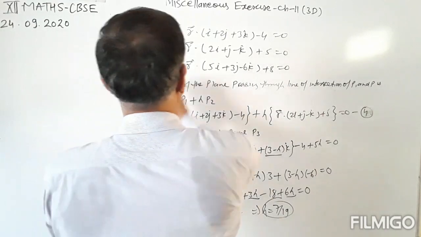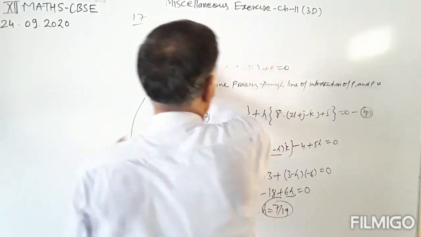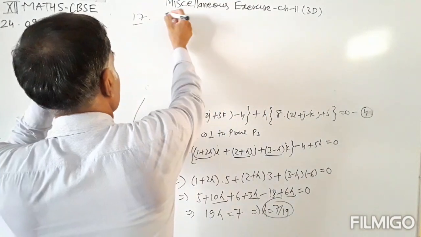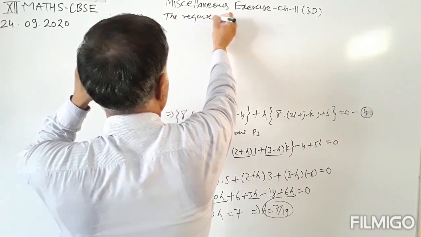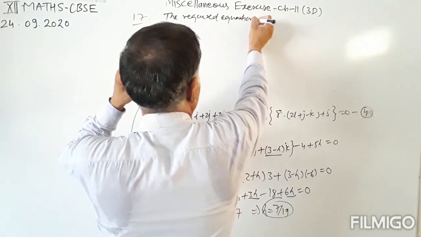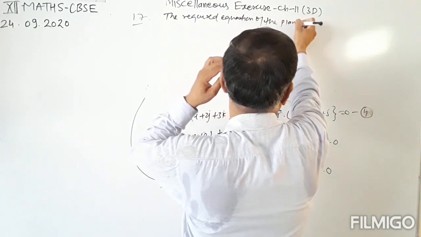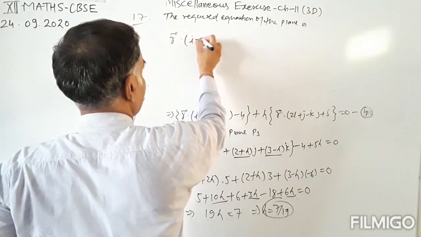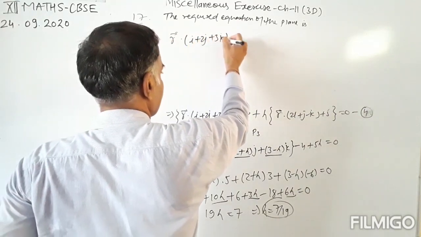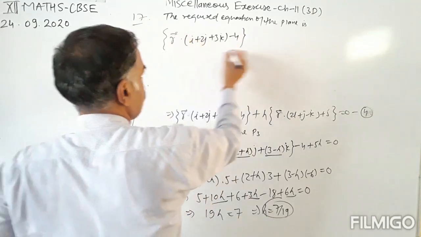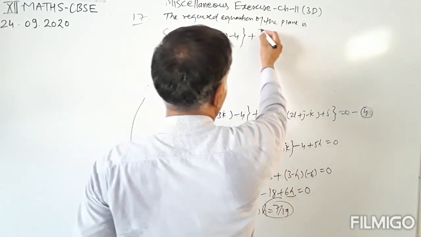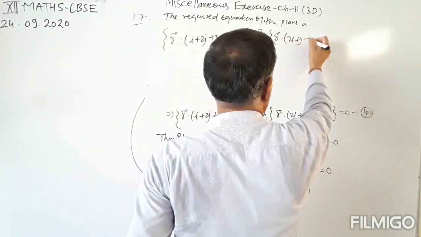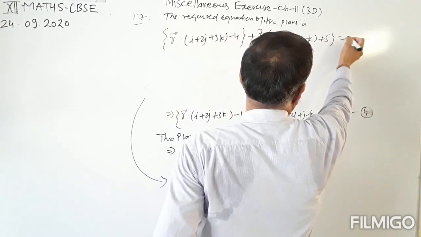So the required equation of the plane is r vector dot (i cap plus 2j cap plus 3k cap) minus 4 plus lambda, with lambda equal to 7 upon 19, into r vector dot (2i cap plus j cap minus k cap) plus 5 equals 0.